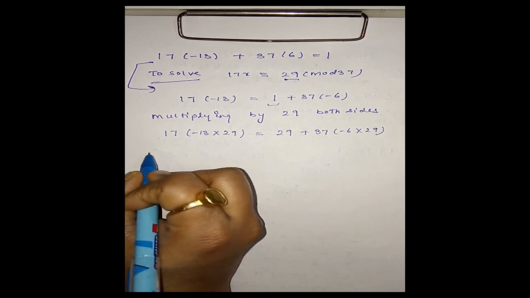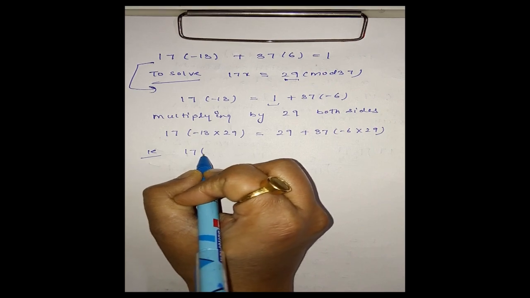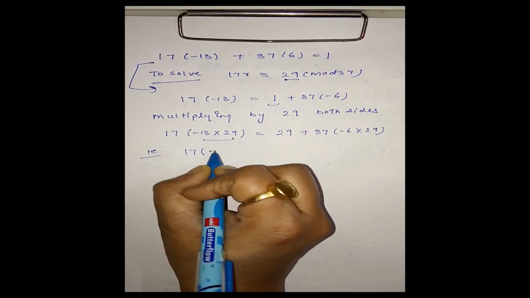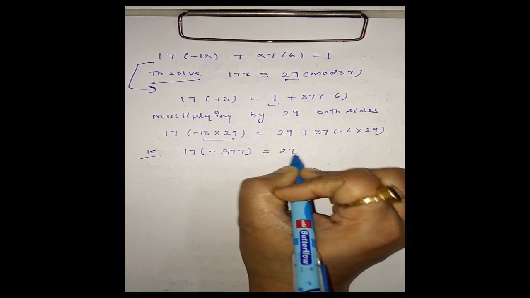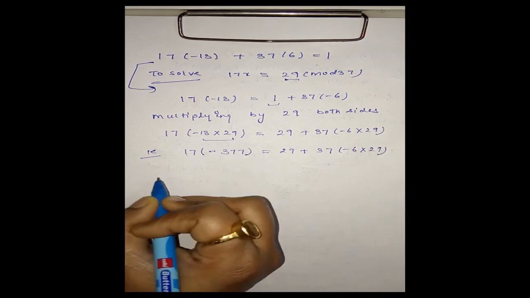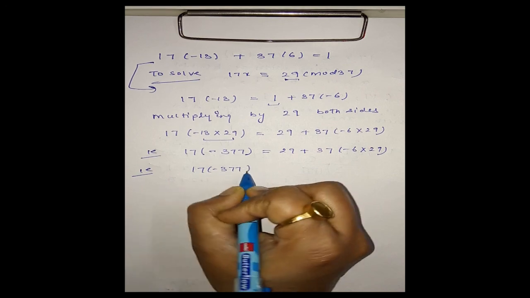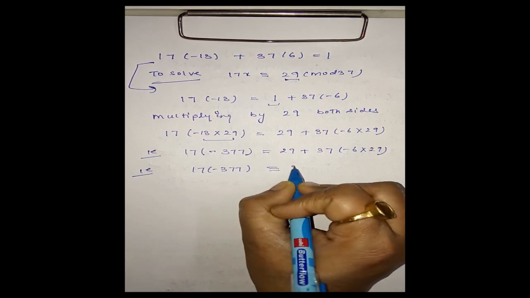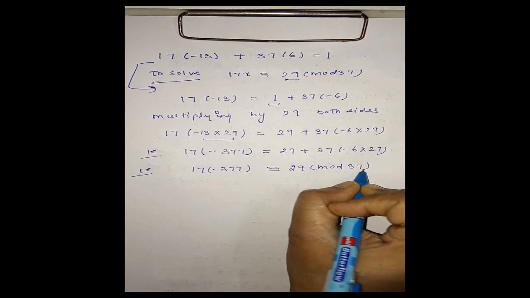Okay, this is 17 into minus 377 is equal to 29 plus 37 into minus 6 into 29. That is, this can be written as 17 into minus 377 is congruent to 29 modulo 37. I can write like this.